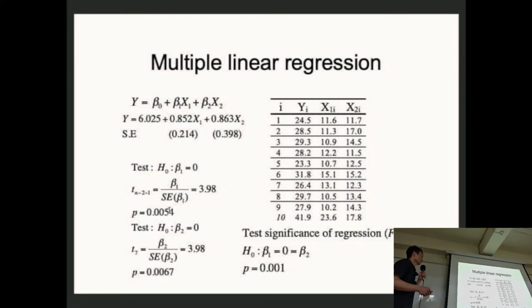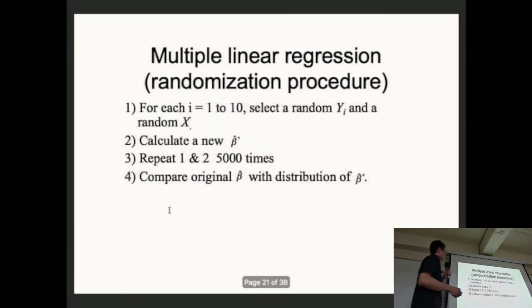Right now, we are going to explain the randomization version of linear regression analysis. Very easy. I just randomly shuffle yi and x, and then calculate the beta many times, and make a comparison, right? Very easy. Intuitively, very easy. Just randomly shuffle.